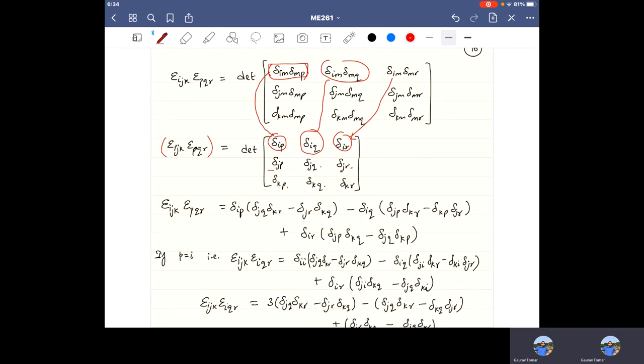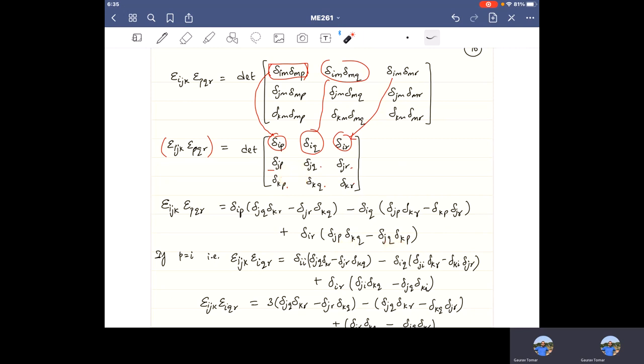Now, if you take the determinant, it will be delta ip, and then you have delta jq into delta kr minus delta jr into delta kq, and other terms will come from here, minus delta iq, delta jp, delta kr minus delta jr into delta kp, and plus delta ir into delta jp delta kq minus delta jq delta kp.